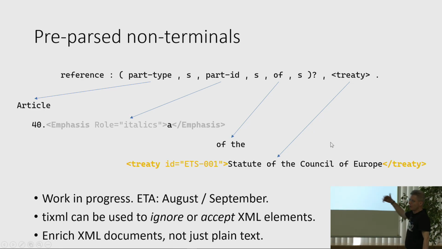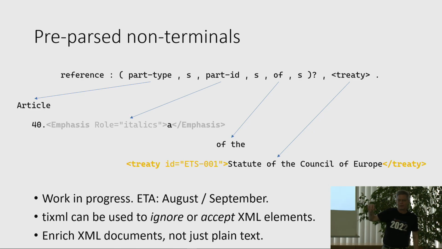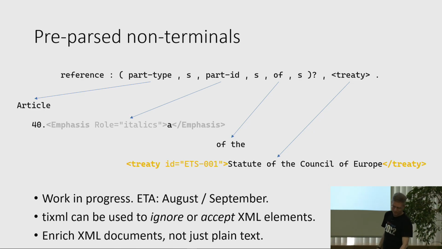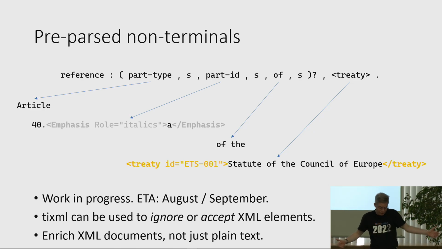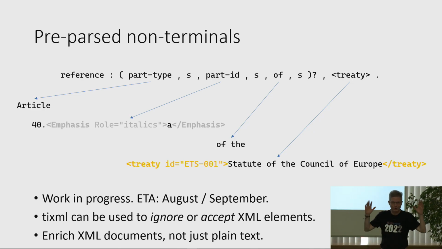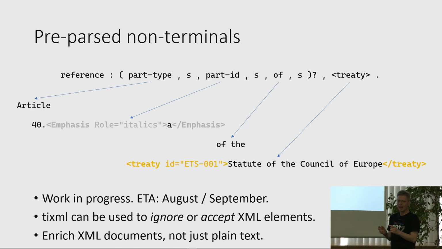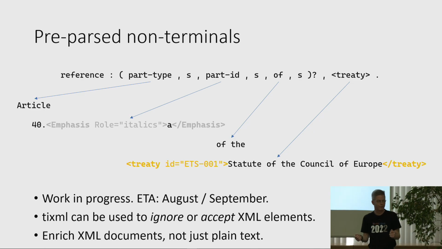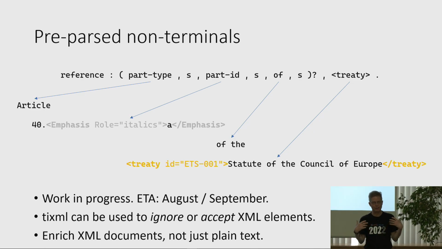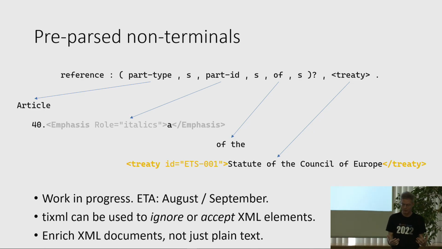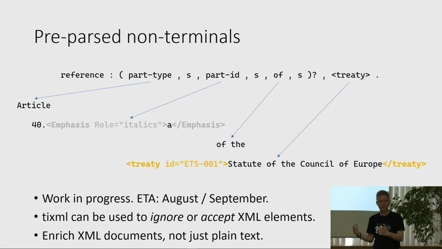This is still work in progress to add this to the XML parser. I'm working on it because we need it for our project. I think I can have it ready in August or September, depending on what other things I have to do. And I think the important part of this is that transparent XML can now be used to either ignore or accept XML elements, which means we can use invisible XML to enrich XML documents, not just plain text.